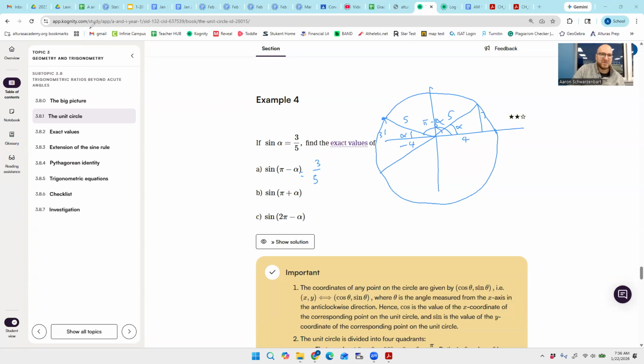Let's just do this in a different color. I'm just going to add alpha here. Now my 3 is negative. My 5 is still positive. This is -3/5. And like before, 2 pi minus alpha.